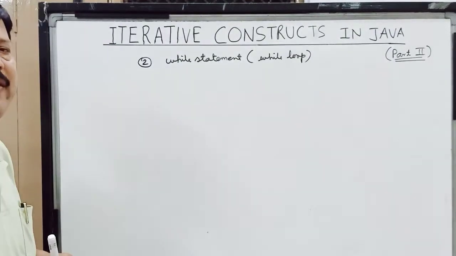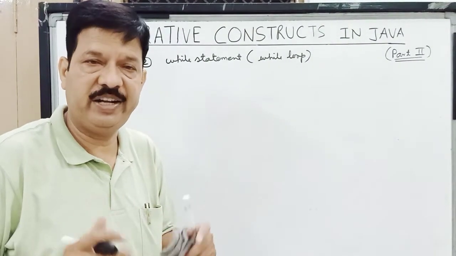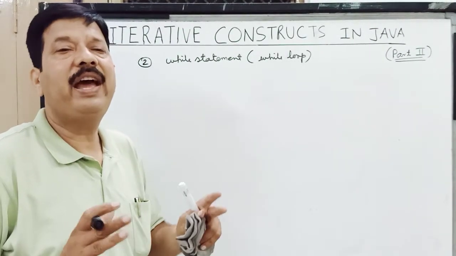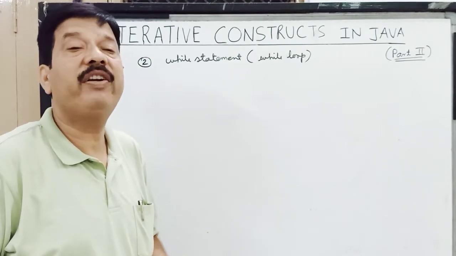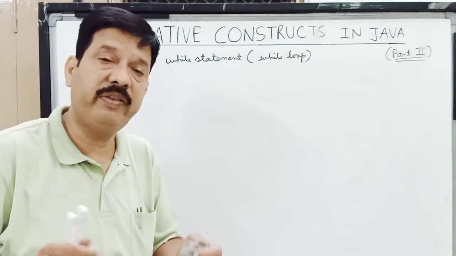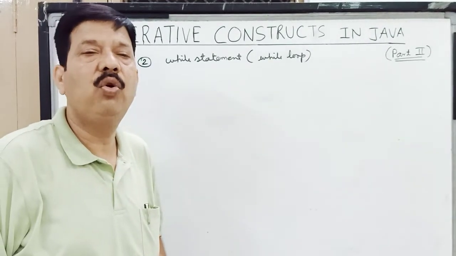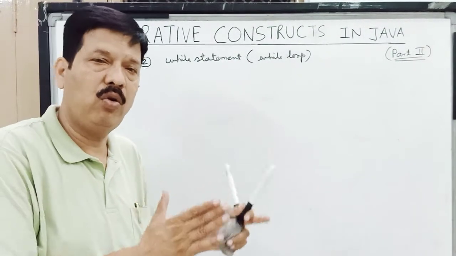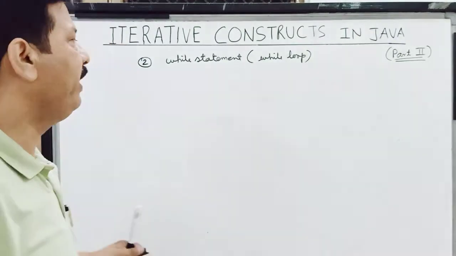So children, we say that while statement is a conditional looping statement, and this loop is an entry control loop. In this loop, the number of iterations are not fixed. This loop executes till a particular condition is true, and since the test expression is before the body of the loop, it is also called an entry control loop. So for loop and while loop, they both are called entry control loops.